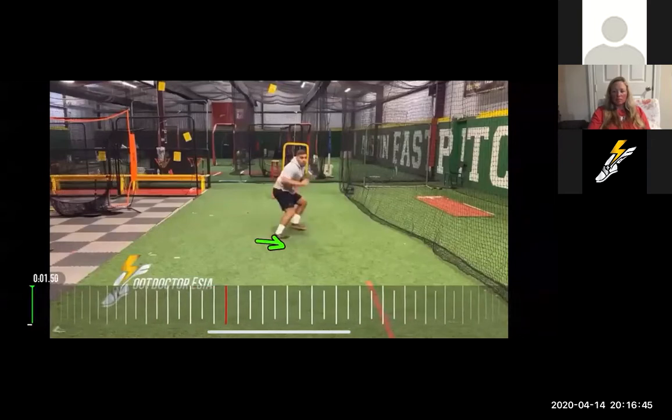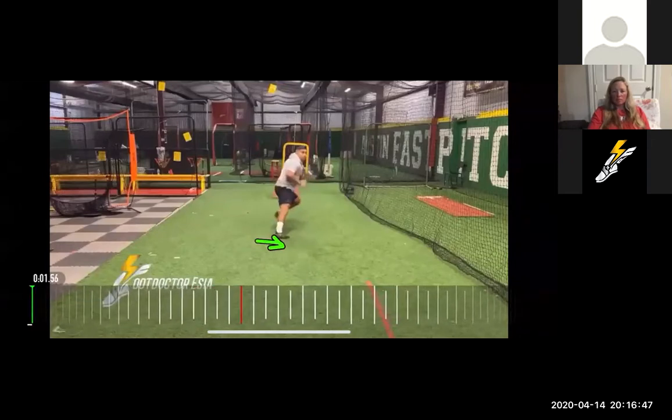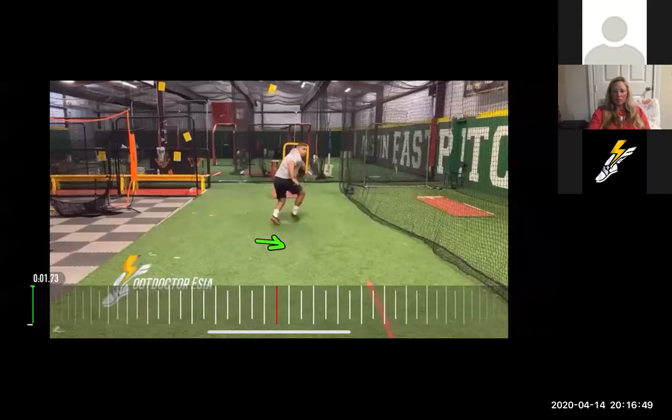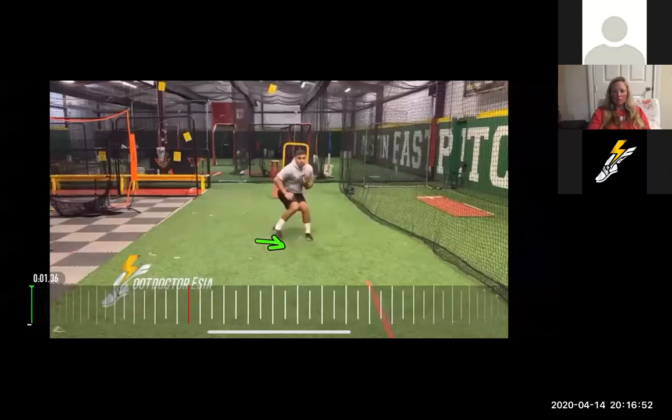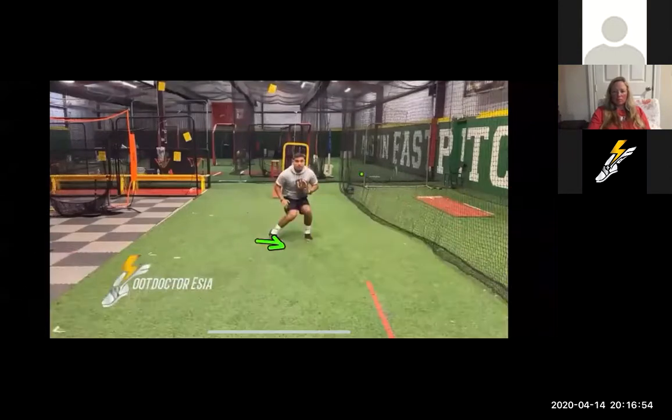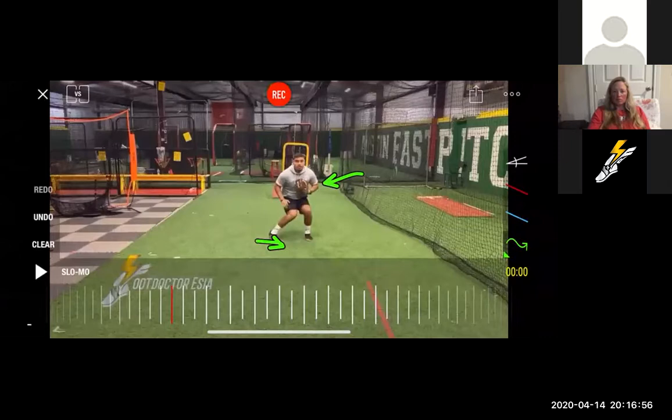My eyes are still forward. And when I push, I can still get to 90 because my elbow dictates how much my hips are going to rotate. And this is so important, especially as an outfielder.